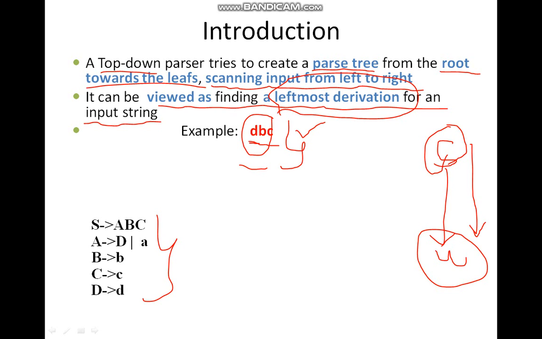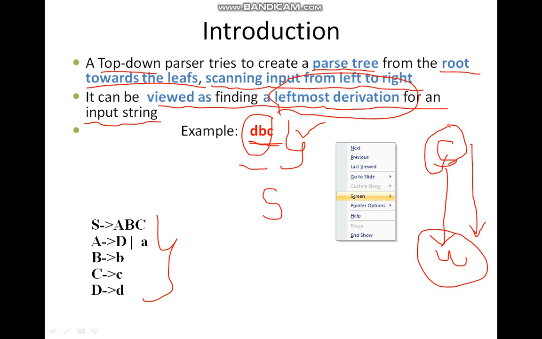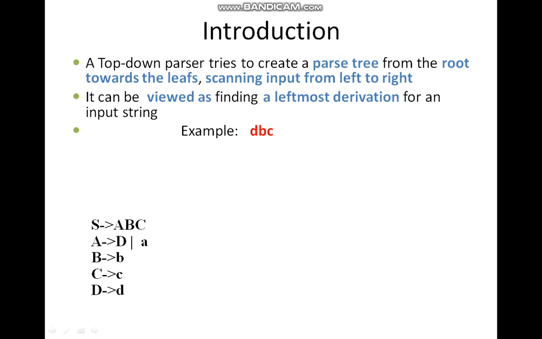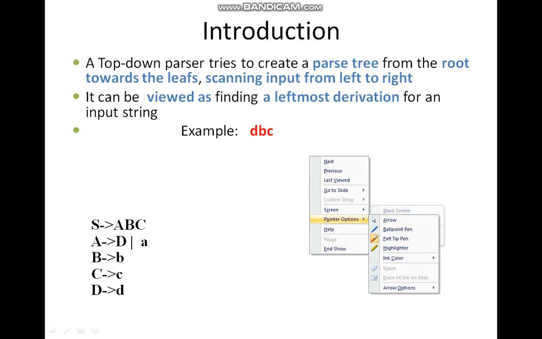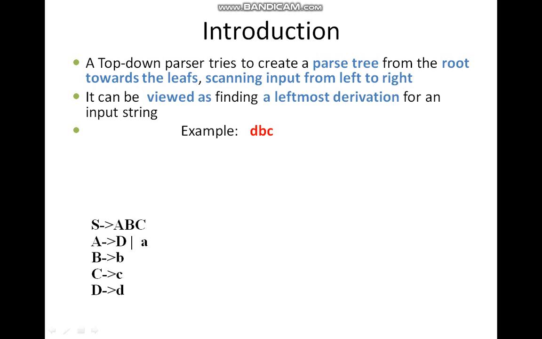So this is your input string, and you need to construct a parse tree or check its syntax. First of all, parsing in top-down parsing always starts with the start symbol, and at the starting of parsing the input pointer will point to the first terminal, and it will scan from left to right, one terminal at a time.